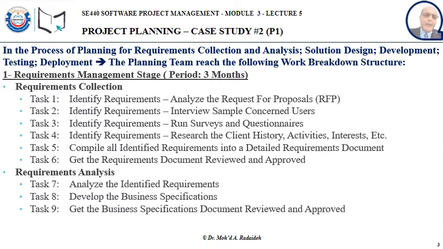Now, in the work breakdown structure here, it shows that the requirements collection is accomplished by doing 6 tasks, task 1 through task 6, where we identify the requirements, we analyze the request for proposals, then we identify the implicit requirements through interviews and surveys and the questionnaires in tasks 2 and 3.